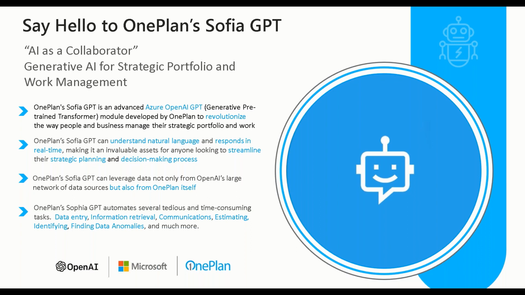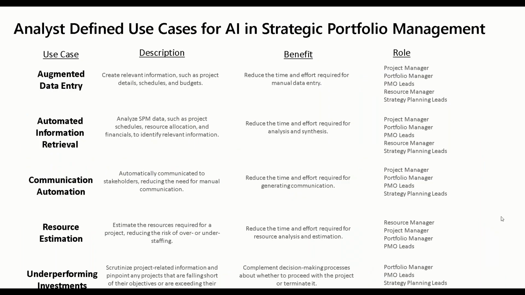So this is not just something that we're adding for the sake of being trending. We are really focusing on delivering value to the end user, to the personas of strategic portfolio management in the 3 different scenarios. So let's go quickly through them.